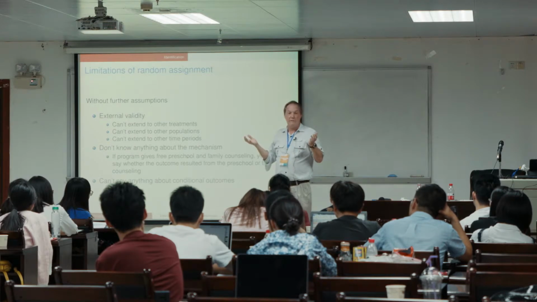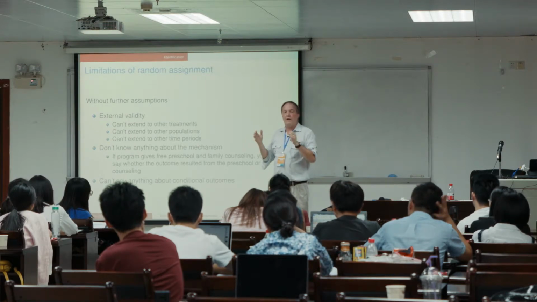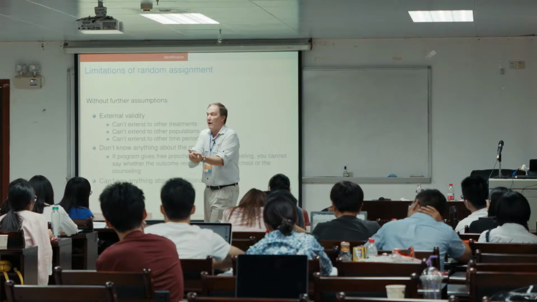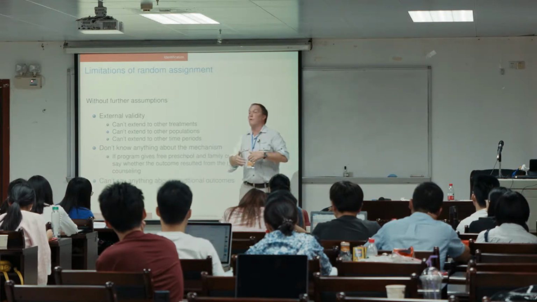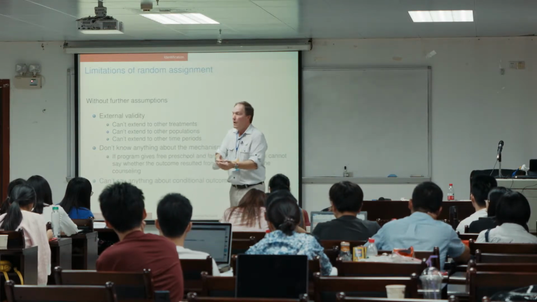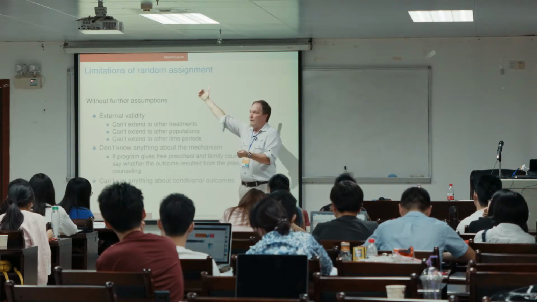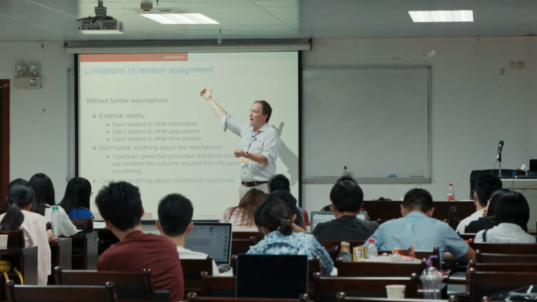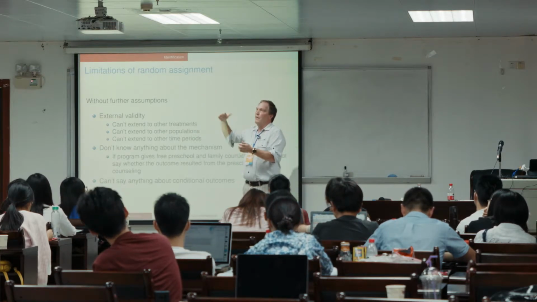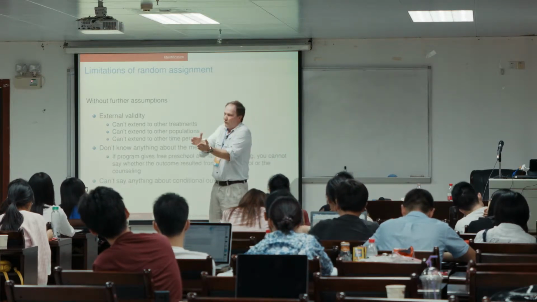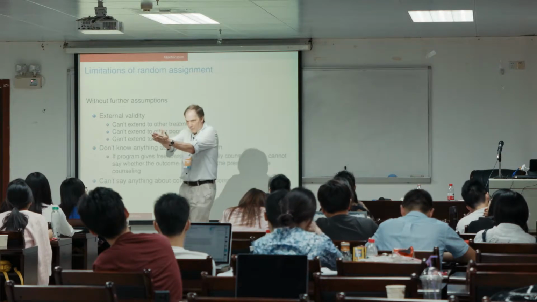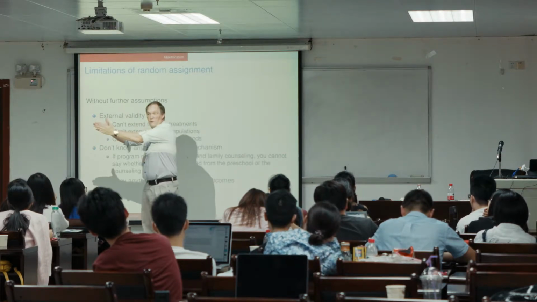There you can't. Okay? So you can look at the effect of the program on how many people graduate from college. You can look at the program on how many people go to college. But if you see medium effects on going to college and medium effects on graduating from college, it might be that some people you induced to go to college and they didn't graduate, and other people that weren't graduating you induced to graduate.